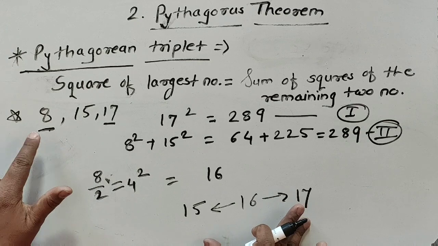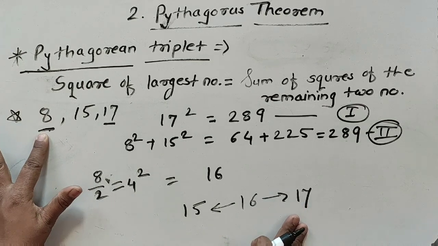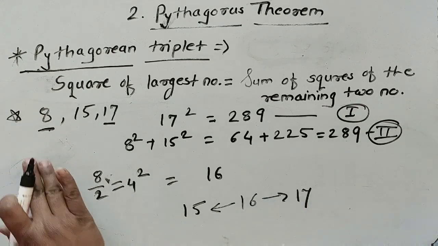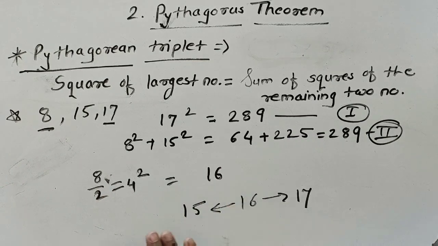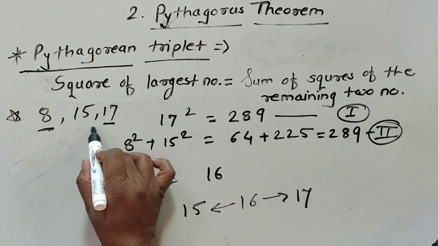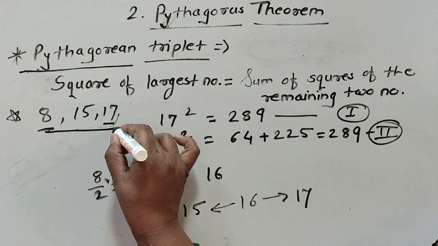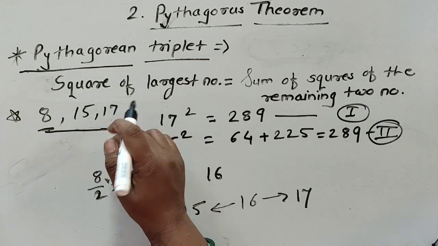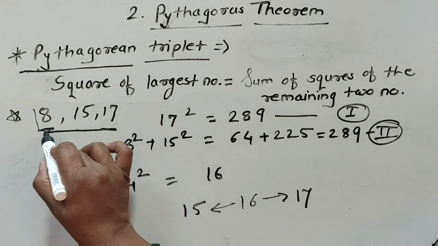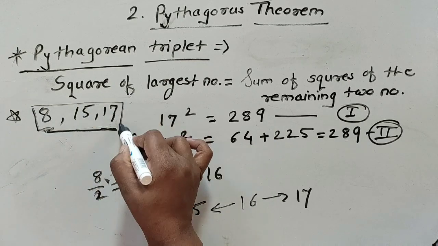So if the smallest number is even, we take its half, square it, and the numbers before and after that square also form a Pythagorean triplet. These rules we can use to identify a Pythagorean triplet.